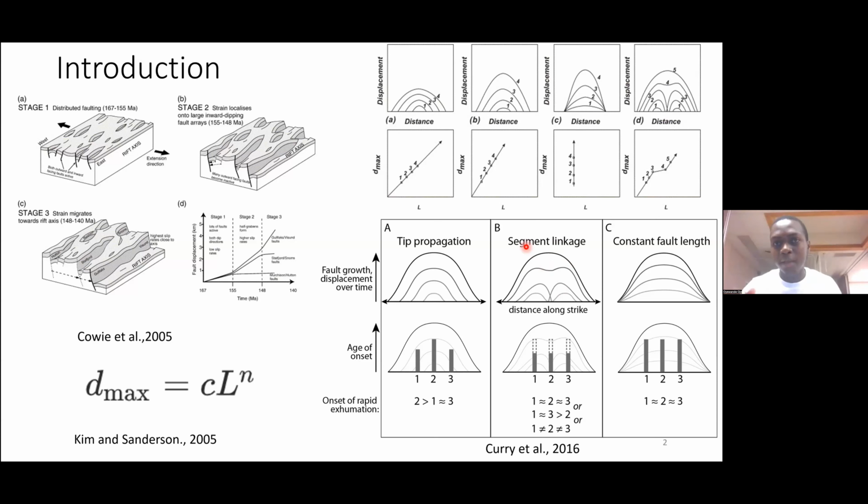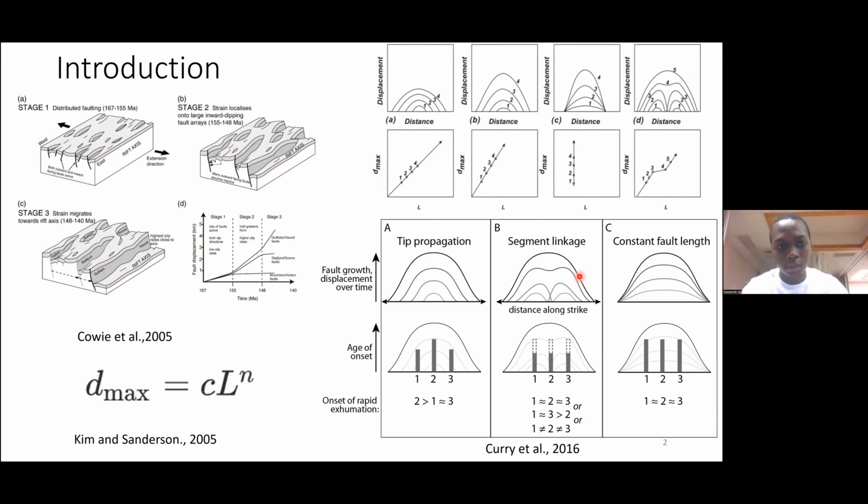And there have been different approaches to study how these normal faults grow. There have been field observations and experimental approaches. Then there's a recent study by Colley et al., where they used thermochronology. So they dated different points along strike of the fault. They had profiles for thermochronology, and they dated it to test each of these models.